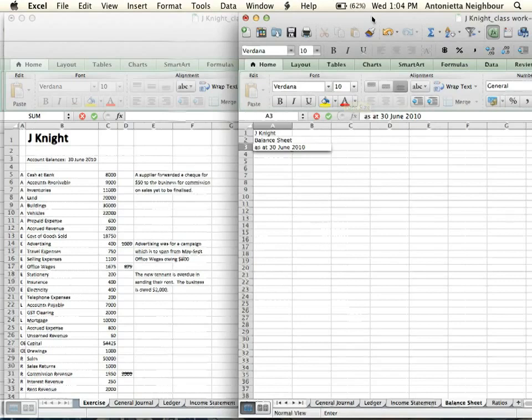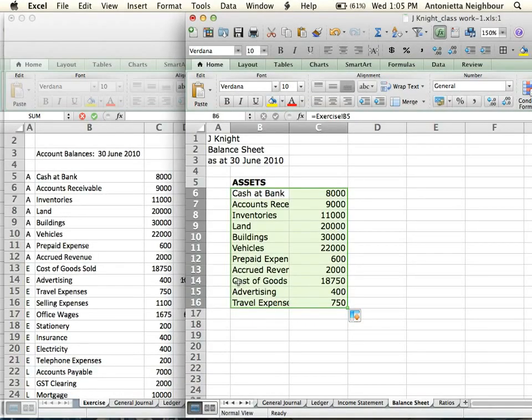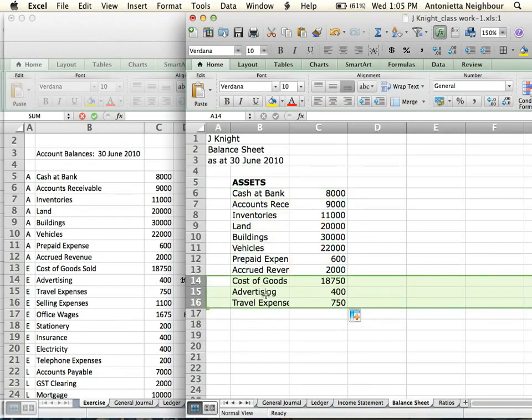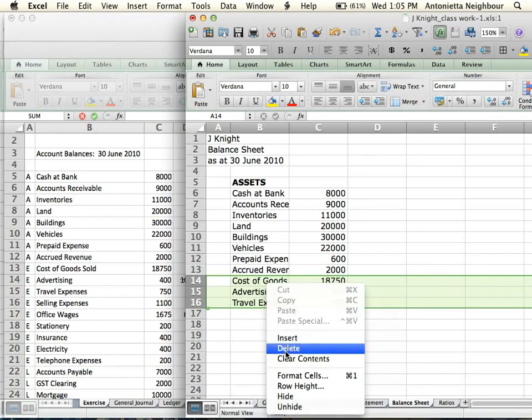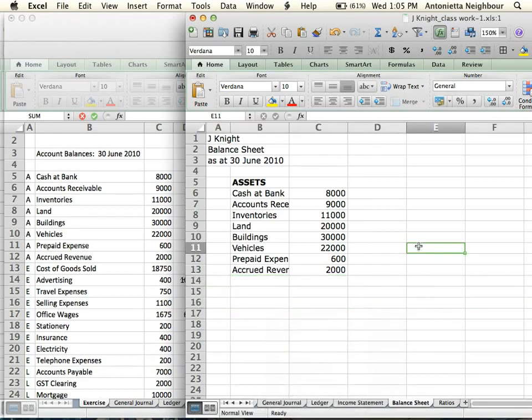So bring the amount in, and we've got a few assets, so go down further than you think you need to, and my last asset is accrued revenues. So just get rid of everything else. So here's the business's assets. Now, before I go any further, remember these assets need to be listed in.